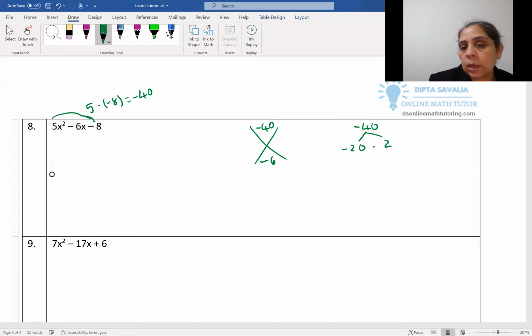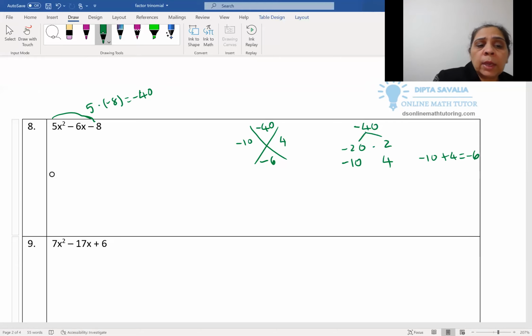Negative 20 plus 2 is negative 18. Then I can divide by 4, right? So negative 10 times 4 is negative 40, and negative 10 plus 4 is negative 6. So that will work, negative 10 and 4.